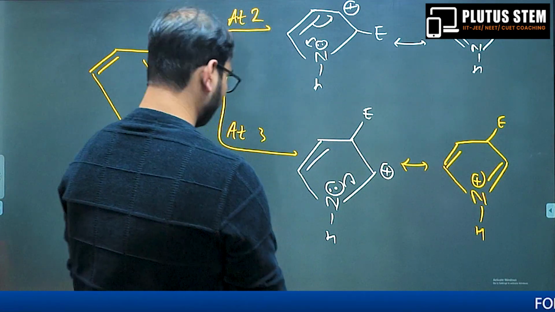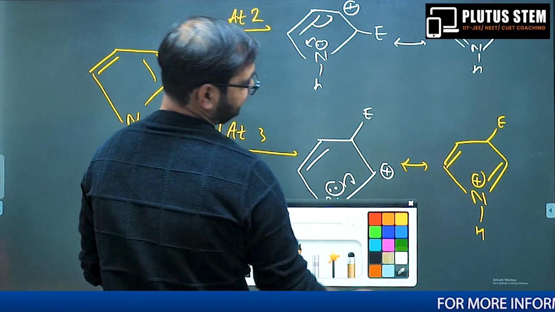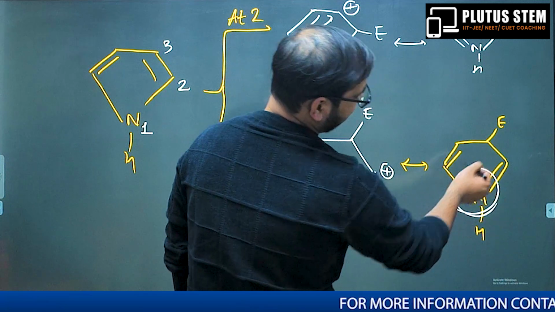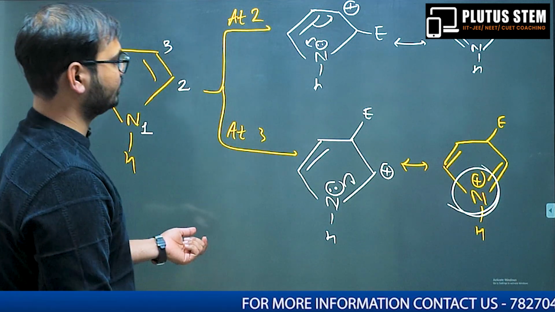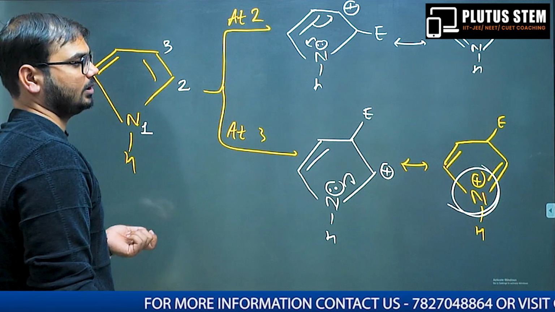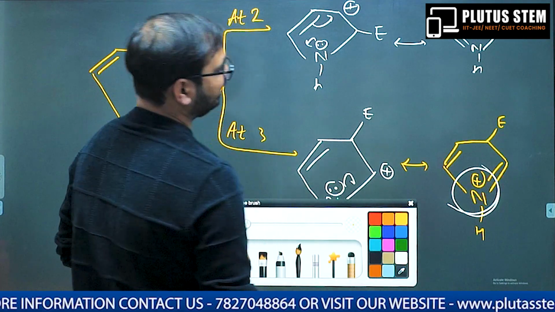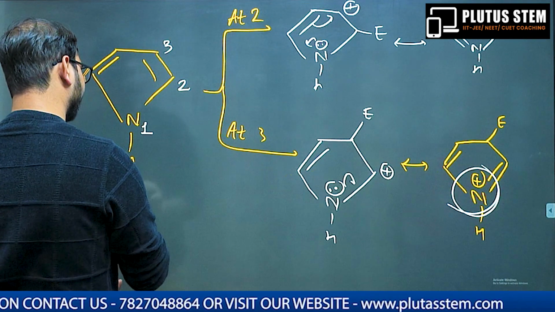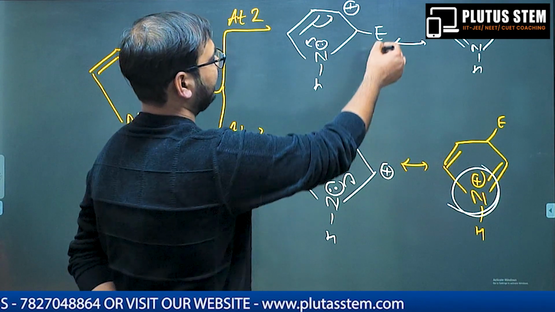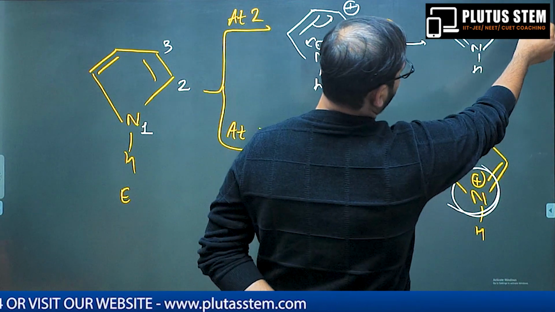From the given resonating forms, you can clearly see that since the positive charge is residing on nitrogen, the attack on position number 3 in case of pyrrole is not favored. So in case of pyrrole, thiophene and furan, all electrophiles will preferentially attack at position number 2.